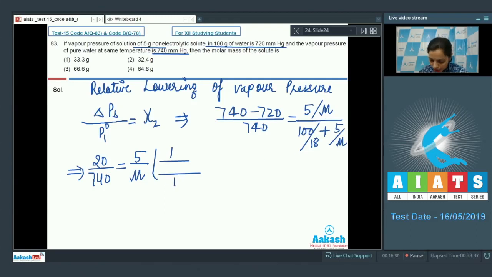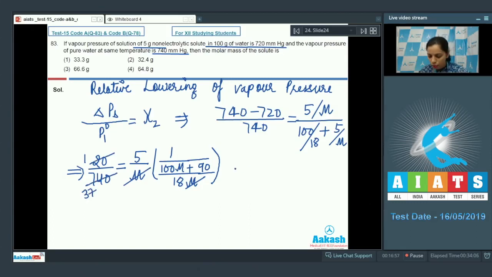So it can be written as 18M, and then 100M plus 18 into 5, that's 90. This M can be cut in this way. It becomes 1 by 37.